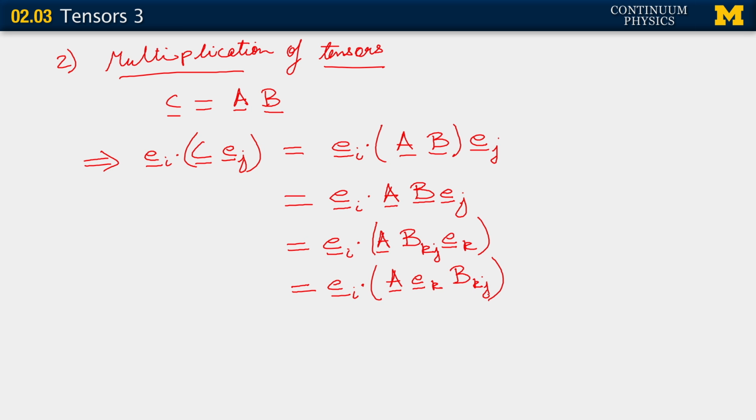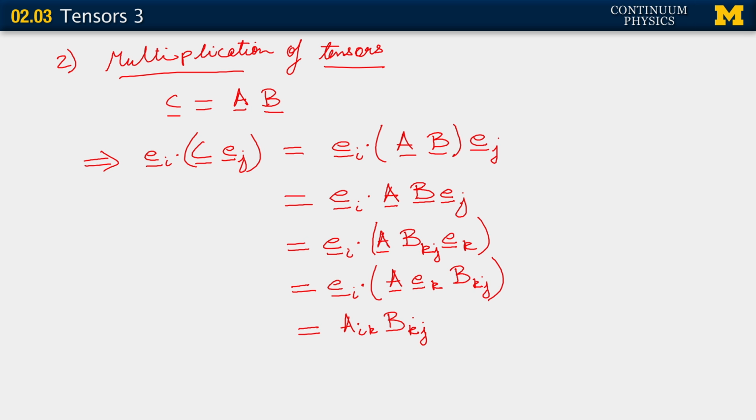Again, using the linearity of vectors. Now, B KJ is after all just a scalar, because those are just the components of B. But look at what we have here now. We have EI dotted with A EK. We know what that is. That is A IK B KJ.